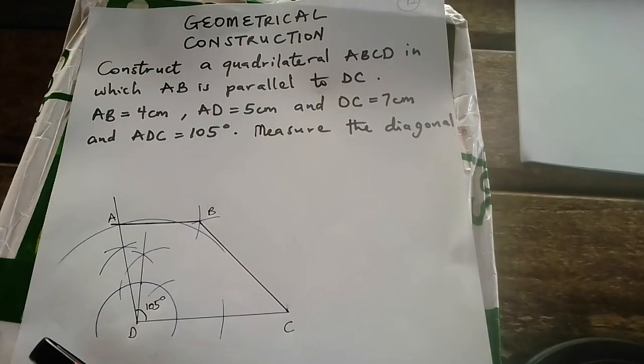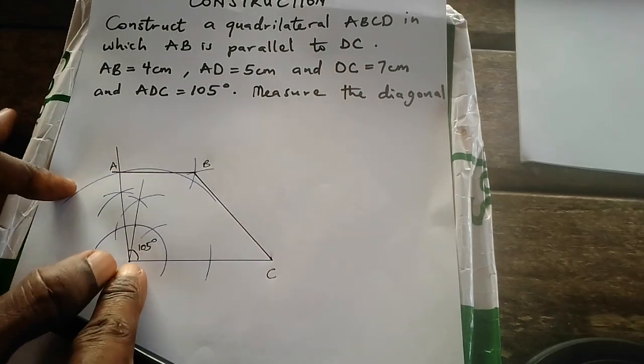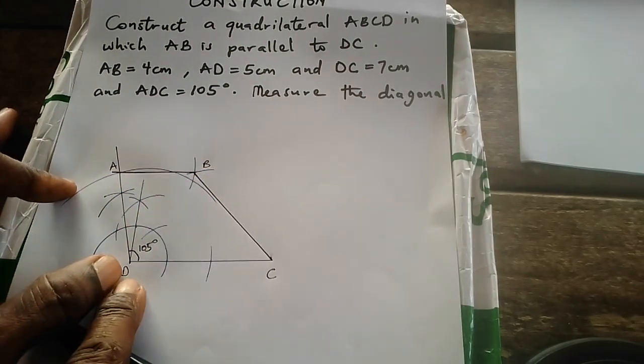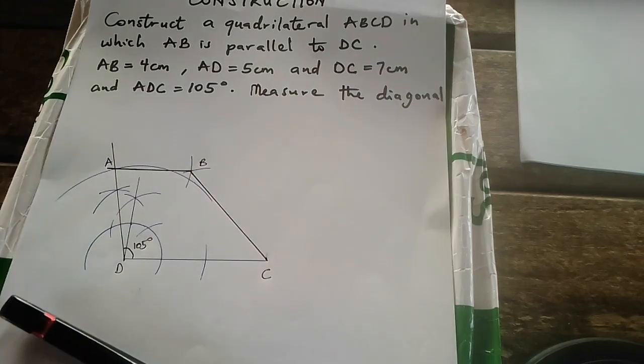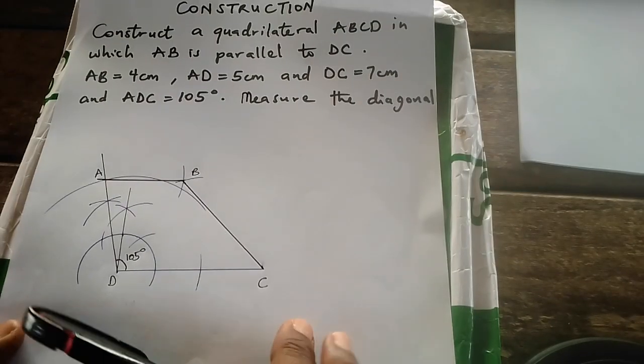Fine. Now we are told to measure the diagonal. In this case, we need to measure the two diagonals because the question didn't specify which of the diagonals, AC and BD. So since the question didn't specify which of the diagonals we need to measure, we are going to measure the two diagonals.